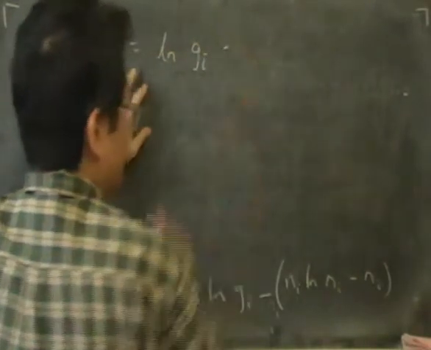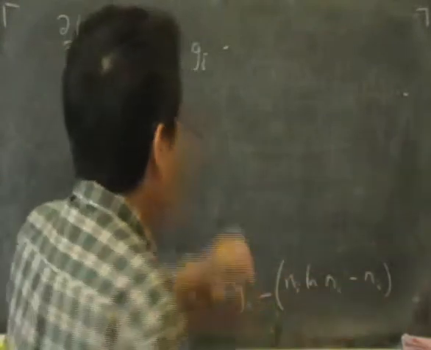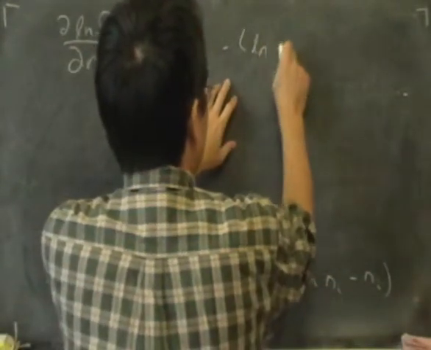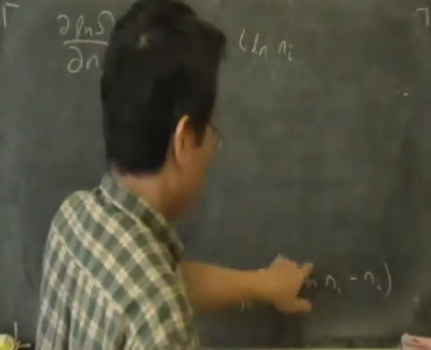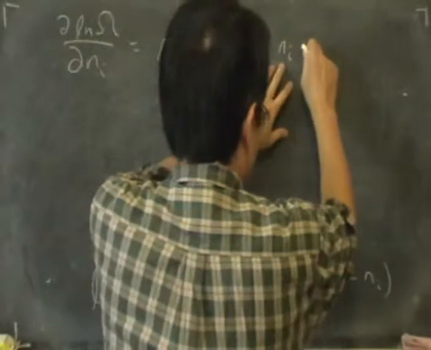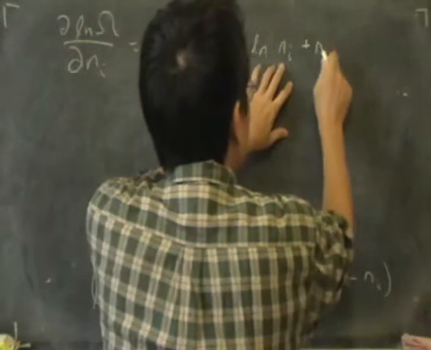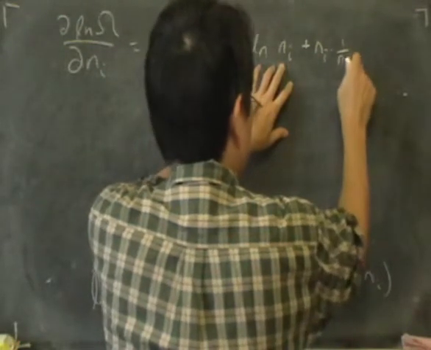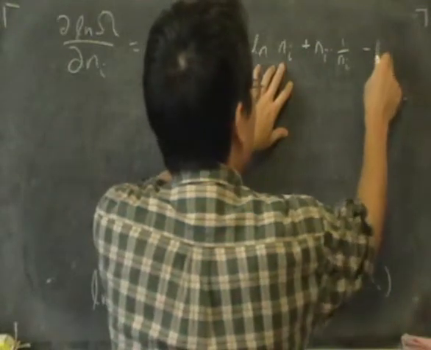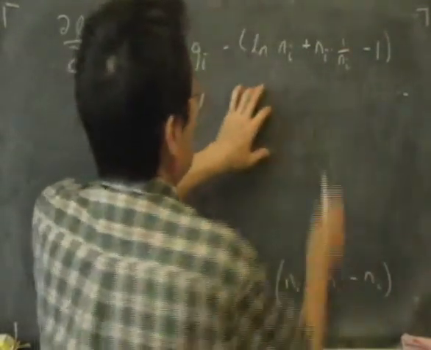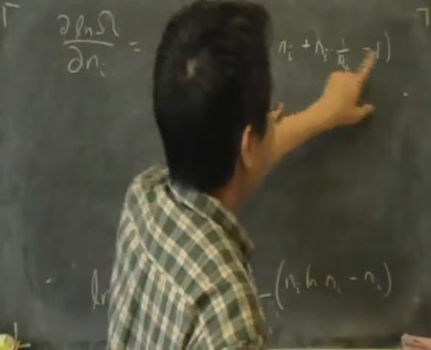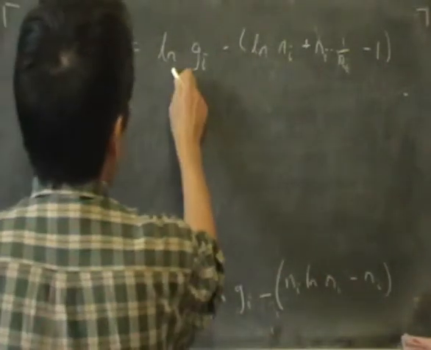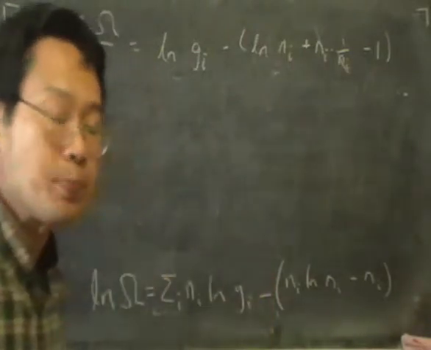And differentiating the other part, I get log ni, and then I differentiate log ni, that gives ni times 1 over ni, and differentiating ni gives a 1. Now those two cancel, so 1 minus 1 equals 0. So this is it, it's just log gi minus log ni.